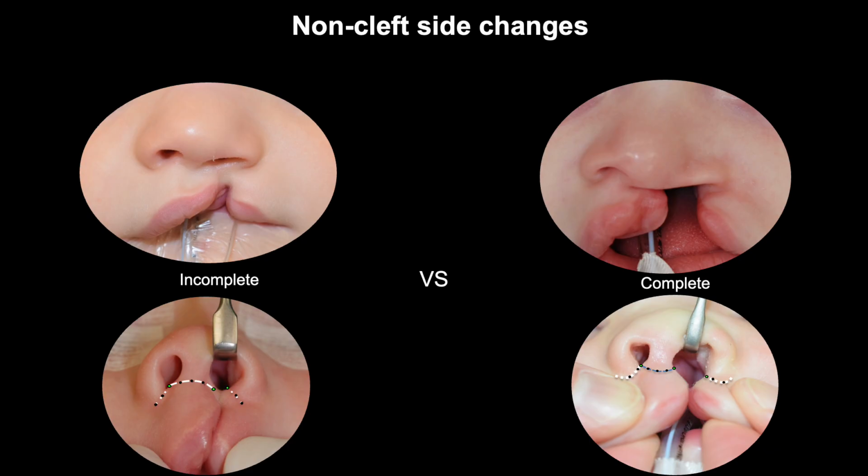On the left is a patient with an incomplete cleft, and on the right, a more severe complete cleft. If you look at the filtral height on the non-cleft side, you can see that it's taller in the more severe complete cleft. The nostril is more constricted with greater severity, and the tip defining point on the non-cleft side is more defined in the more severe cleft.